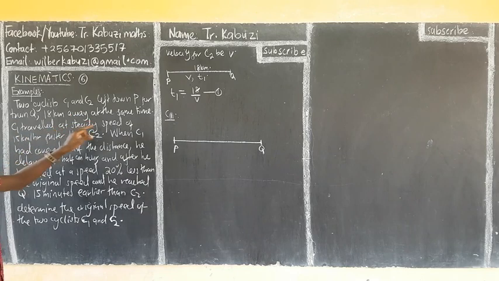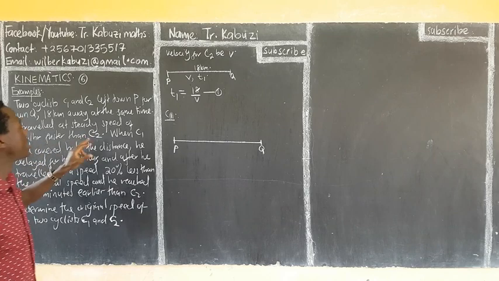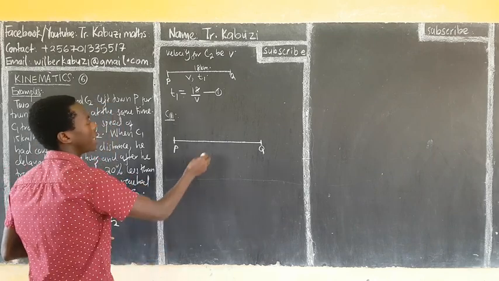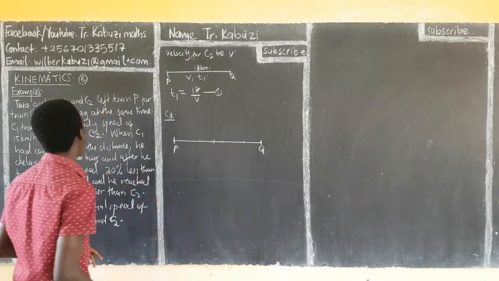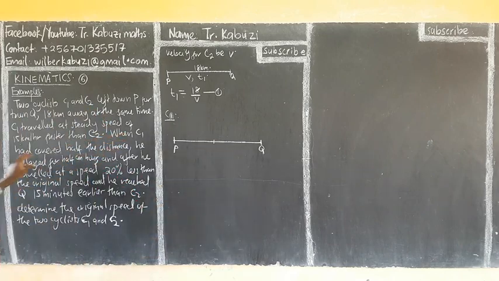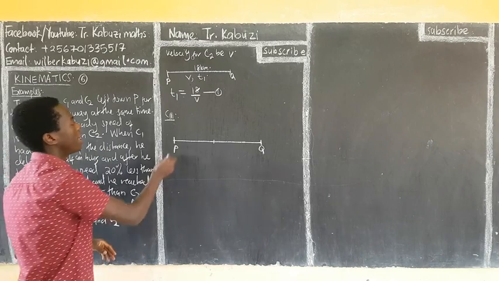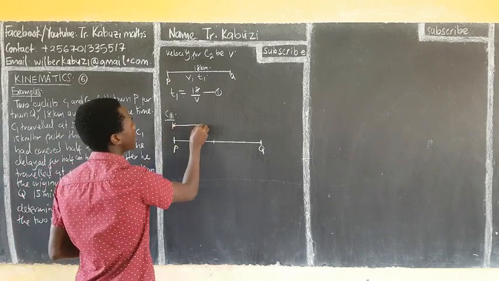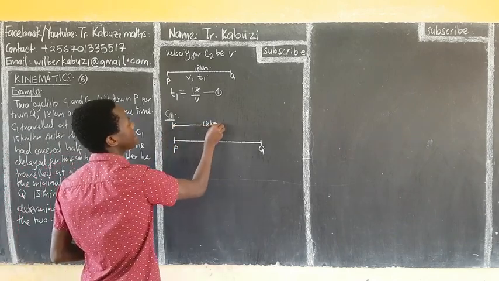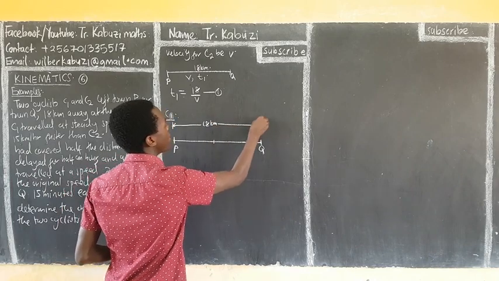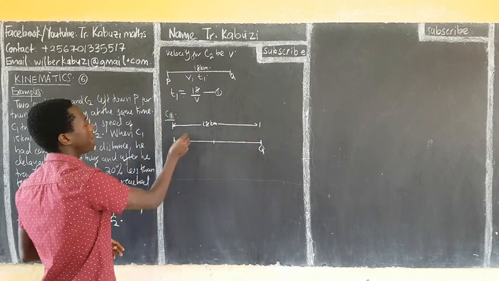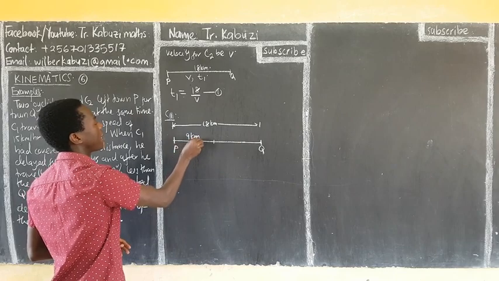C1 traveled at a steady speed of 15 kilometers faster than C2. It means that now, this man, we have that when C1 had covered half the distance. So from here up to here is 18 kilometers. Now, when this man had covered half, meaning 9 kilometers.